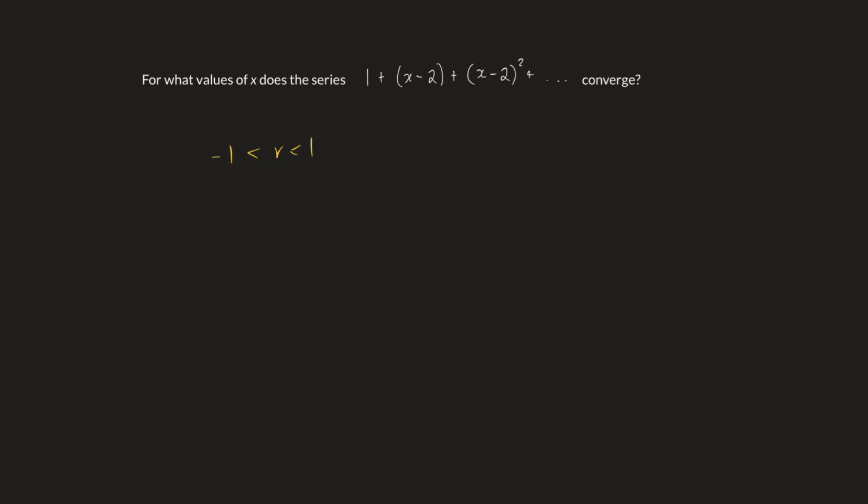Our r in this problem is going to be x - 2, so I'm going to replace r with x - 2. Now I need to add 2 to all sides. So therefore, x is less than 3, but greater than 1.